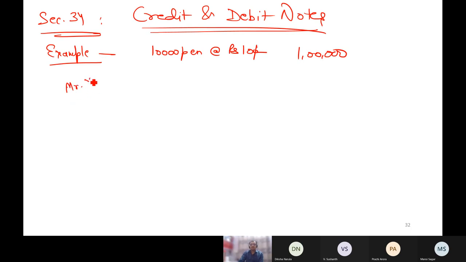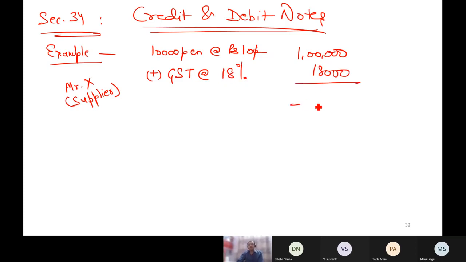Supplier Mr. X. Add GST, for example, 18%, for example, 18,000. So the value is 1,18,000. So as a supplier, I raised the invoice. Invoice issued, but supply is not yet made to the recipient.